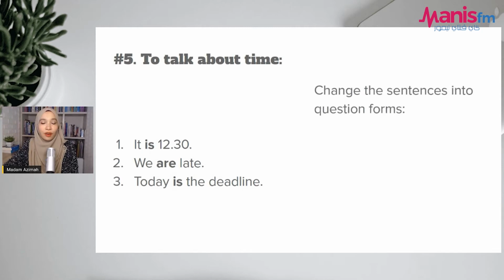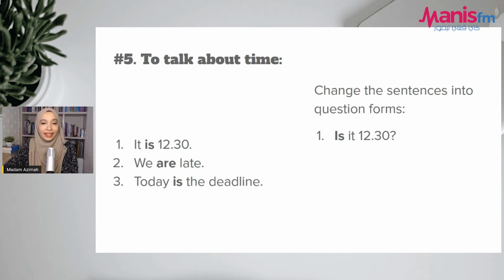What if I want you to change the sentences into question forms? How do we do that? Simply put the be verb at the beginning, and we simply change the word order. Instead of it is 12:30, it would be, is it 12:30?